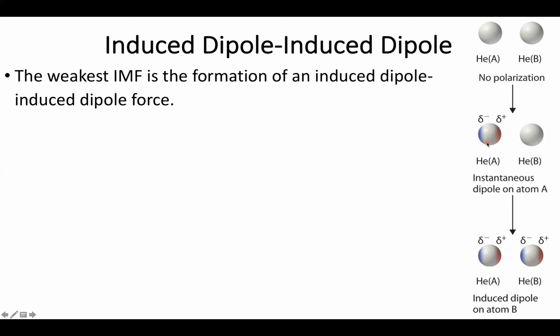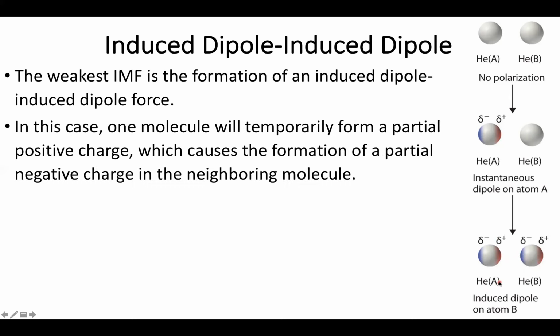And so one of the helium atoms can have a partial positive charge form on one end. Well, this can induce a temporary partial negative charge on the other end. So really what we're doing is watching electrons slosh back and forth inside of each of these atoms, which causes those electrons to swish back and forth in the other atom, generating these temporary attractive forces. So we're temporarily generating these partial positive and partial negative charges.